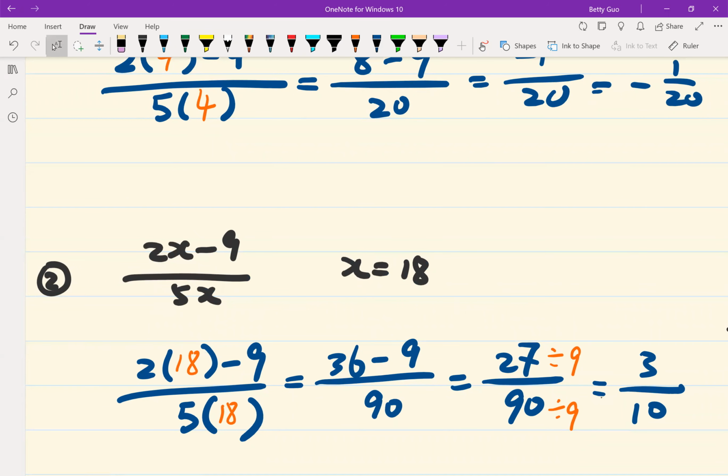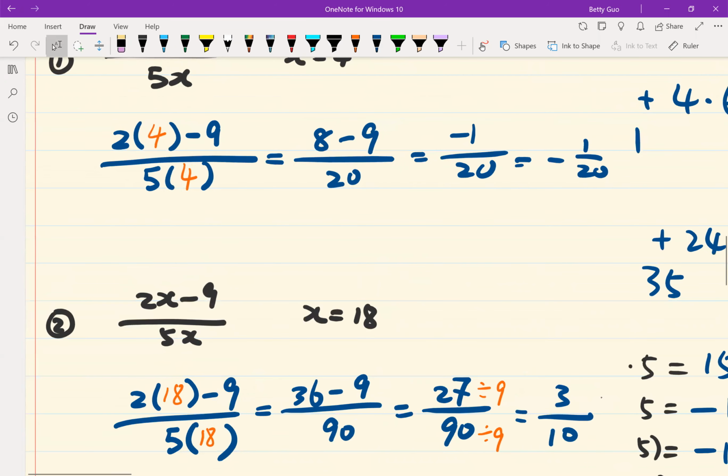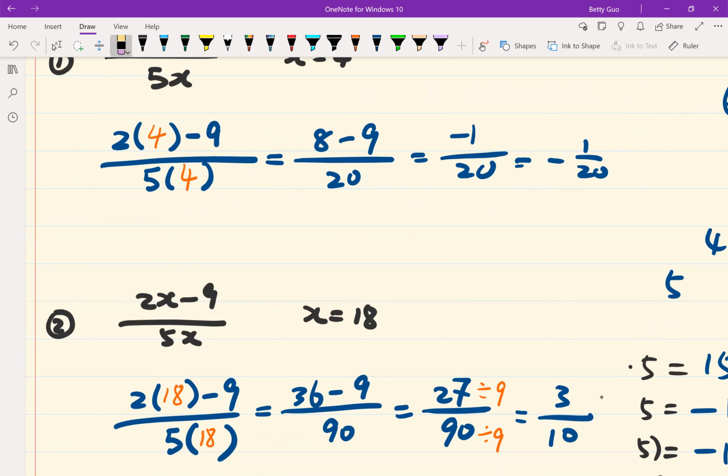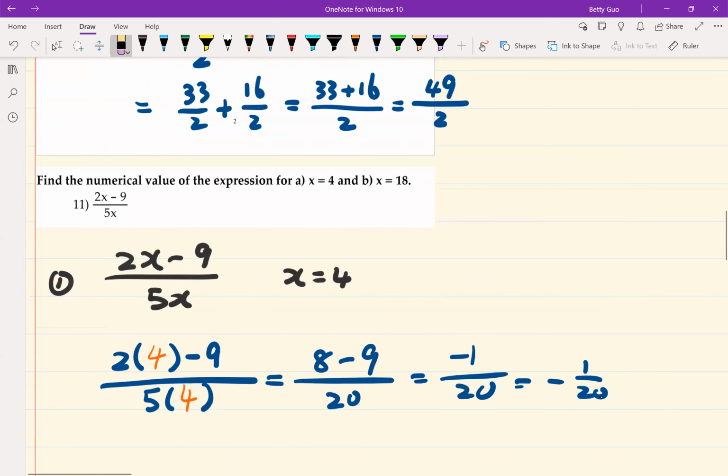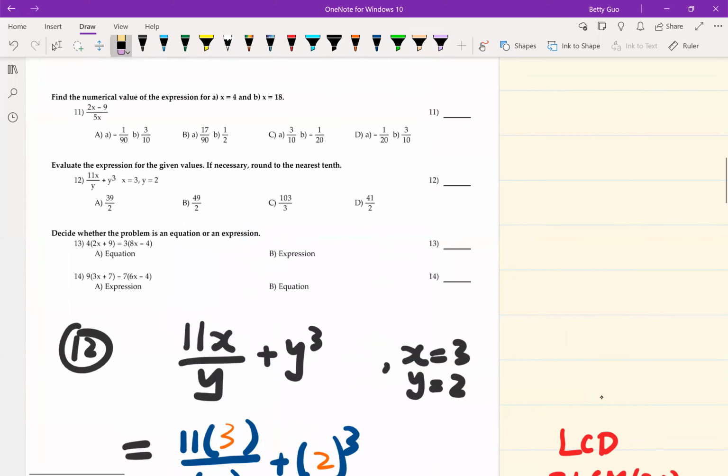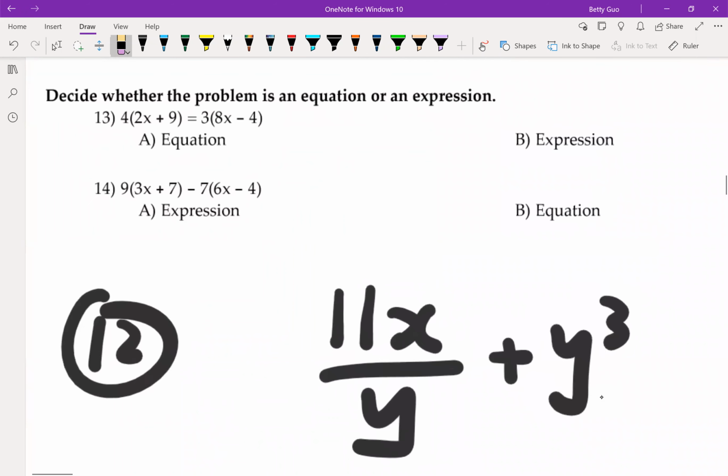Those two problems, one example, one practice, are about evaluating expressions for given values. Next up, a very simple concept. Differentiate between equation and expression.